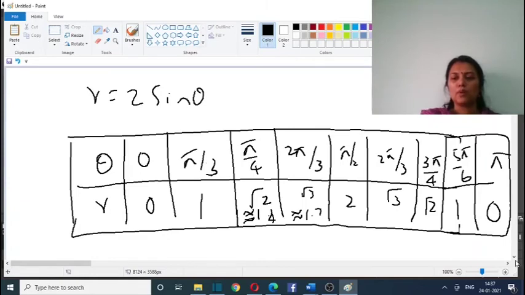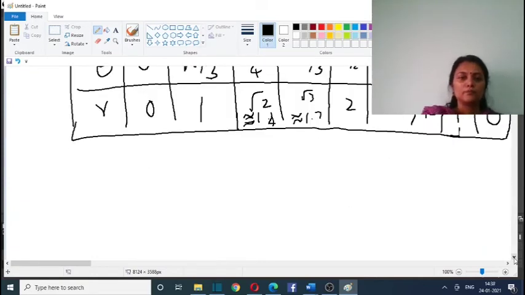So if we plot the graph, when theta equal to 0, r equal to 0, and when theta equal to 30 degree, the value is 1. So this will be the point at theta equal to 30, and here it is 1. When theta equal to pi by 4, this is somewhere more than 1, 1.4, so somewhere here.